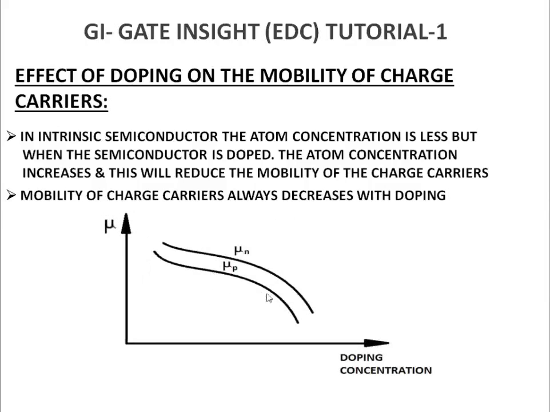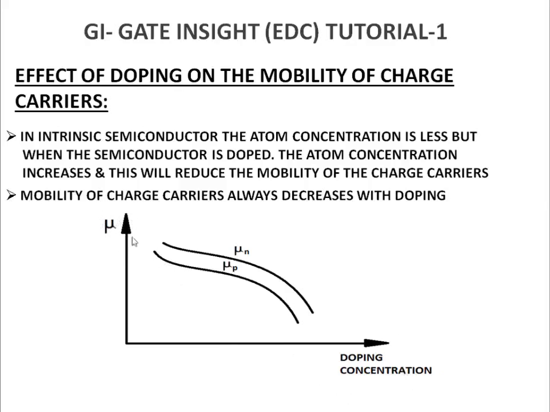So as we can see in the curve, this is mobility, this is doping concentration, and there is a downward change. One thing you need to remember here is that we never change mobility. Whenever you have a question where the doping concentration is increased, we never reduce the mobility, because we don't have any relation between the doping concentration and mobility, that is, how much mobility reduces with an increase in the doping concentration.